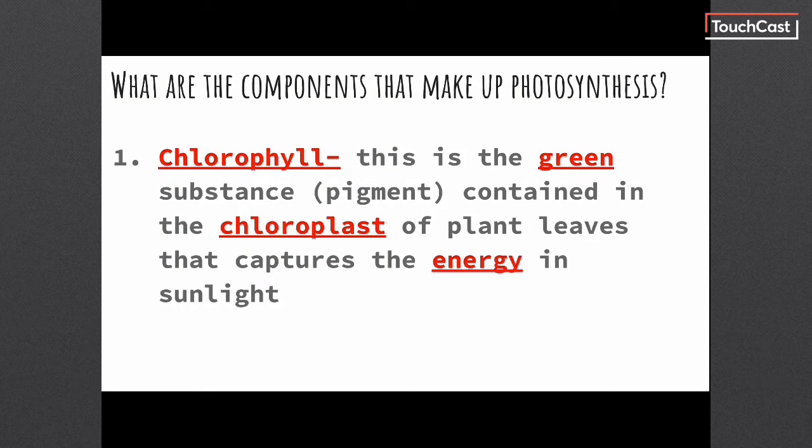There are parts that come into play to make up the process of photosynthesis. Your third essential question is, what are the components that make up photosynthesis? Number one is chlorophyll. This is the part where the magic basically happens. This is the green substance or pigment contained in the chloroplast of plant leaves that captures the energy in the sunlight.